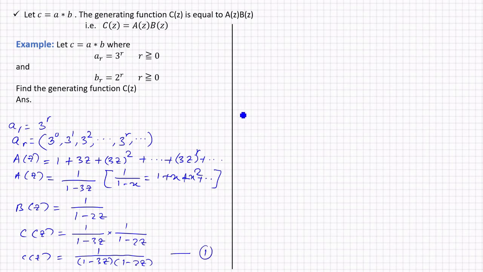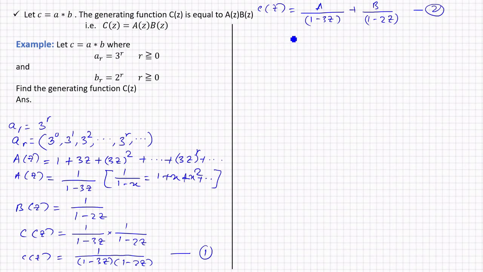That is equation 1. Now we can write C(z) as A divided by 1 minus 3z plus B divided by 1 minus 2z. Let's suppose this is equation 2.